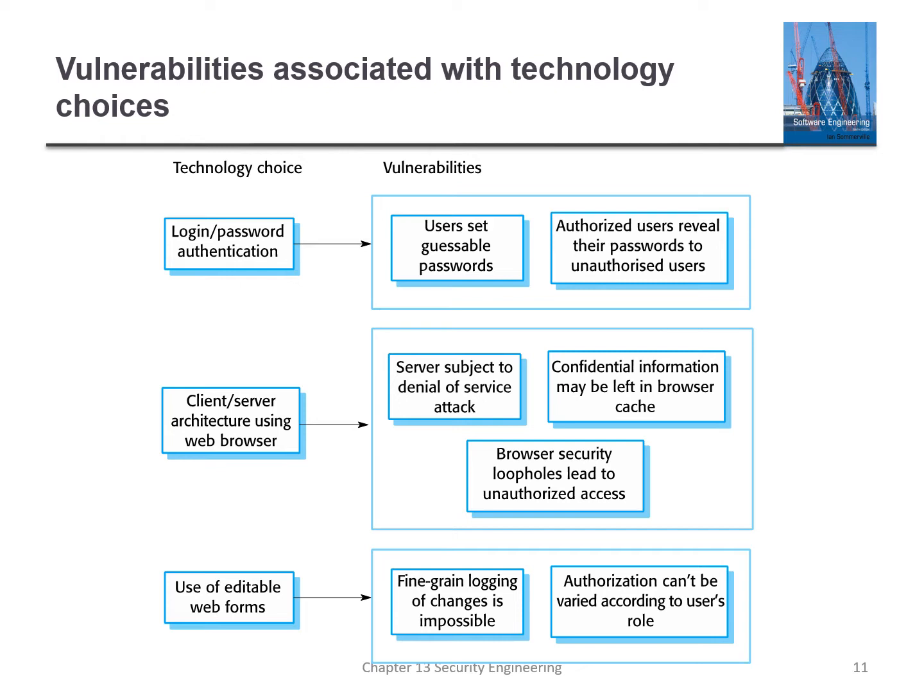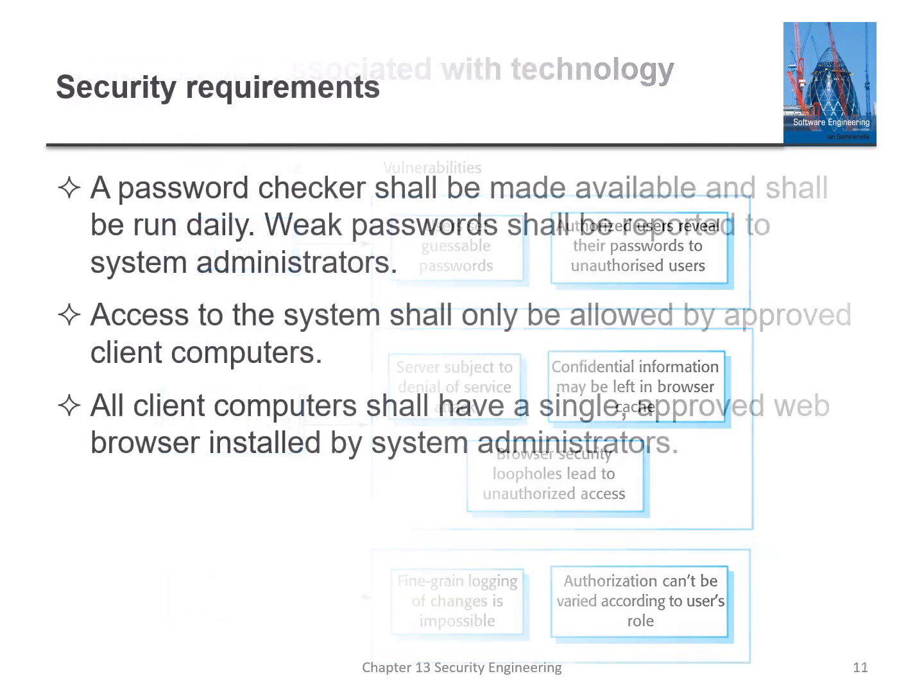And maybe sometimes you give authorization on the system, but among the users themselves they are sharing passwords, so you don't know who is actually doing the correction on the form. So this is how, based on the technology or the architecture of the system that are known during design phase, they identify the vulnerabilities.